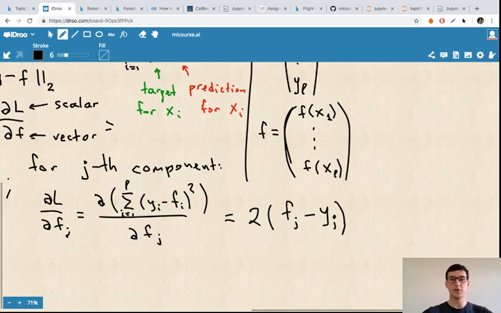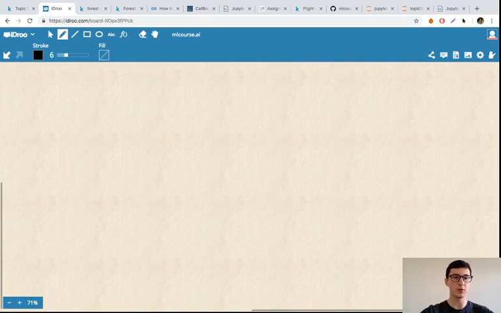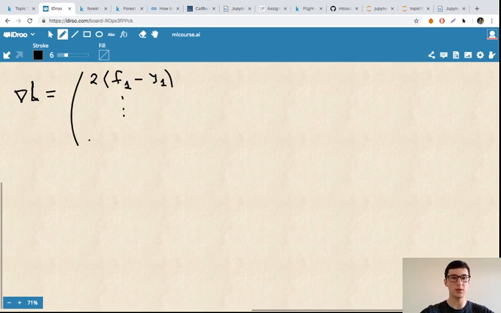So this partial derivative is pretty simple, and now we can derive a formula for the gradient of the whole loss function. As we described it, this is going to be a vector of all these partial derivatives. So we'll have 2 times (f1 minus y1) as the first component, and so on. For the last instance, we'll have 2 times (fL minus yL).